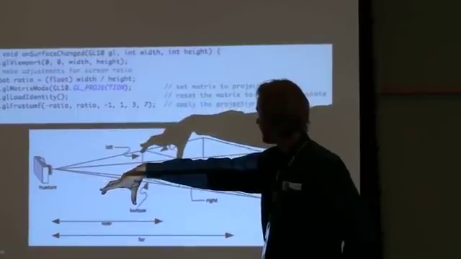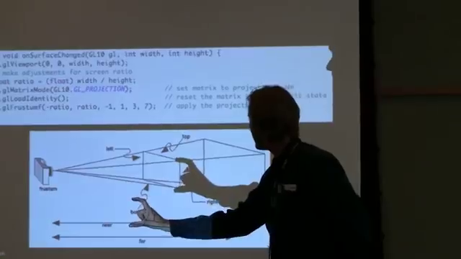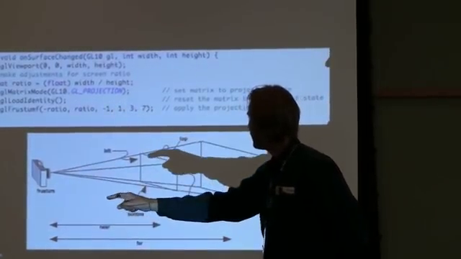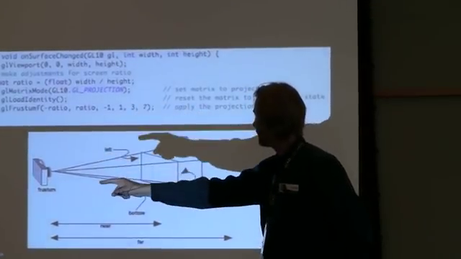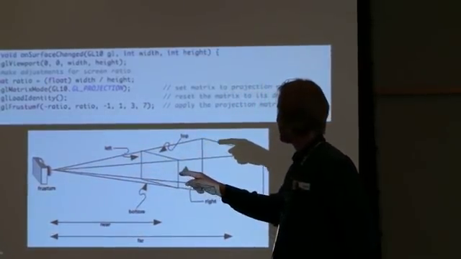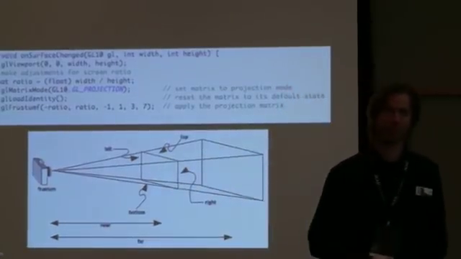And we put the x extent to be from minus ratio to plus ratio. Then we put the y extent to be from -1 to 1. And this is the near plane, which is at distance 3 in front of the camera. And the far plane is at distance 7. And everything that is going to be visible has to be in this box.